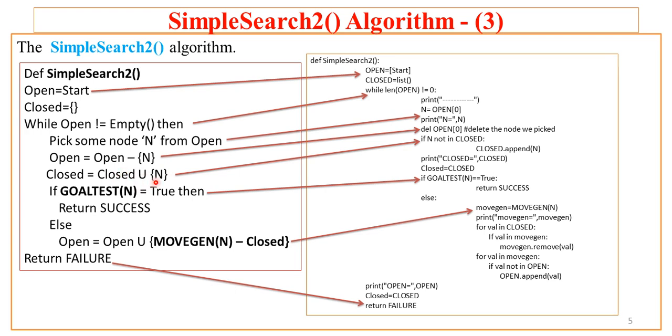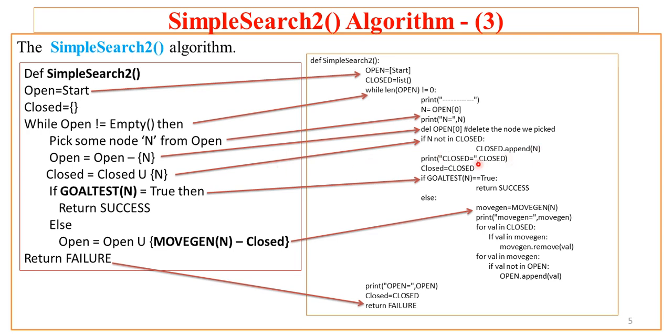This is a union operation, and it tells us that if n is already appearing in closed, then it should not be added again. In a union, common elements appear only once, and this is achieved by a simple if n is not in closed. The not in operator helps us check whether n is in closed or not. If it is not, then append it at the end. If it is, then this operation will not happen.